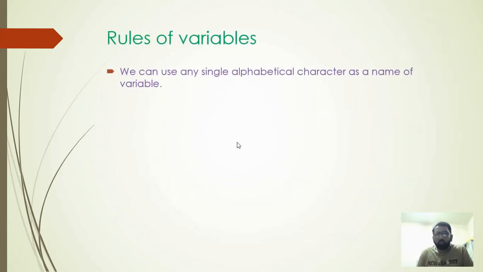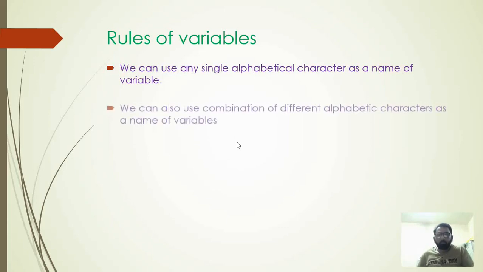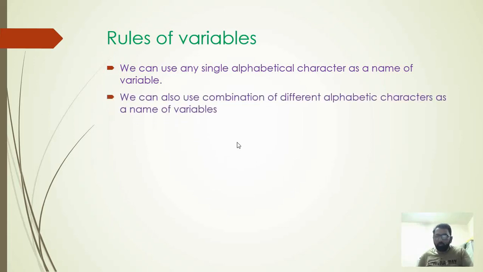So how do we define variables? We can use any single alphabetic character as the name of a variable. We can also use a combination of different alphabetic characters as the name of a variable. In the first line, with a single character, if I want to assign a value, a = 5.